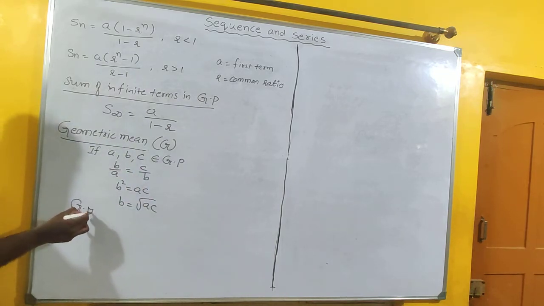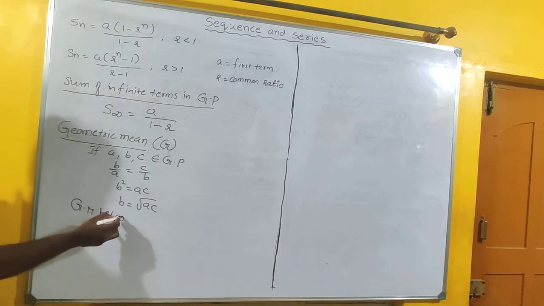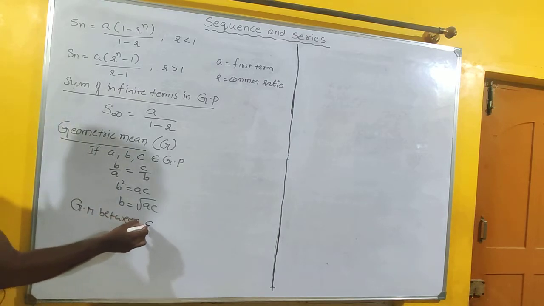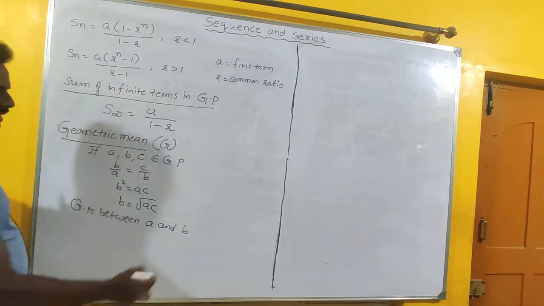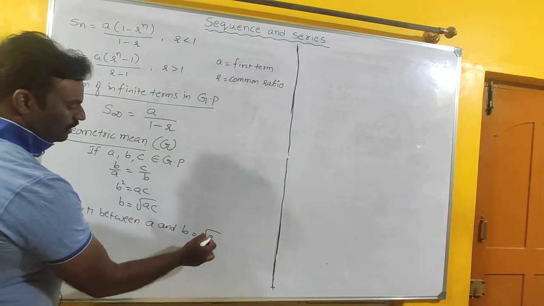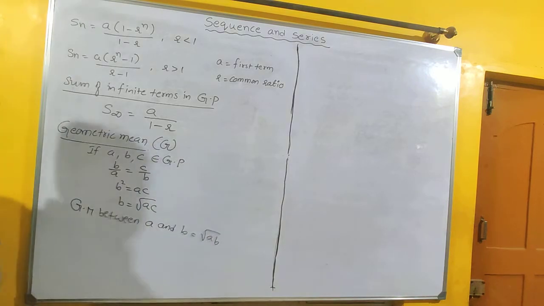Therefore, the geometric mean between A and B is nothing but under root of AB.